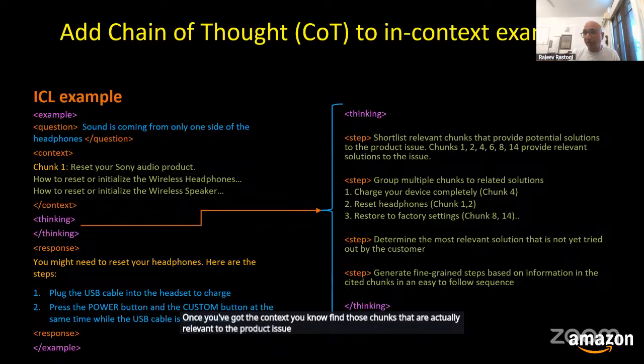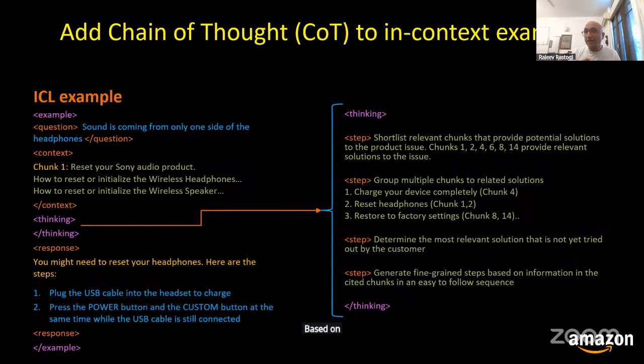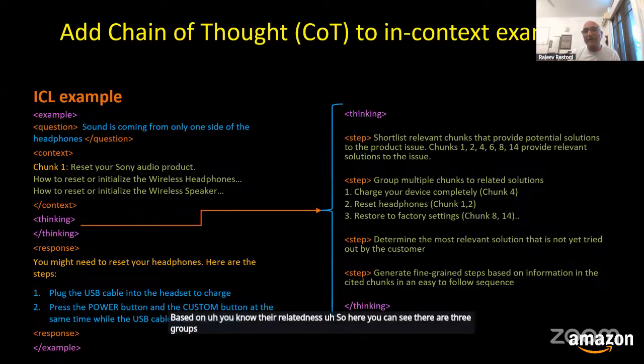Then you group the chunks based on their relatedness. And so here you can see there are three groups: one involving resetting of headphones, something on charging your device, and so on.